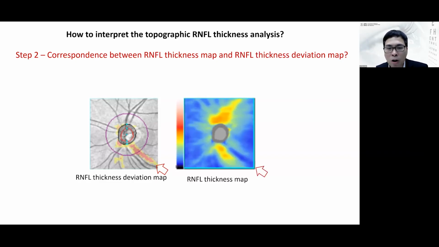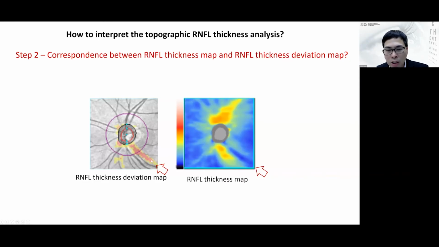And you need to look for correspondence in the thickness map. So you see this region, it looks blue. The thickness map is indicated in false color codes. Red indicates thick, blue indicates thin retinal nerve fiber layer. So this is the thickness map representation.